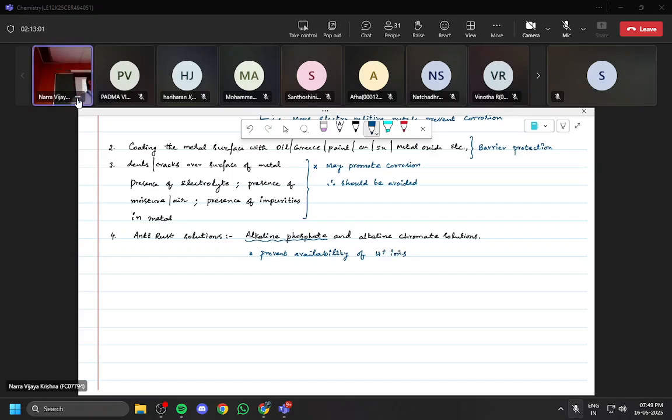And also these phosphates, as they are less soluble in water, form a layer on the surface, right? It prevents availability of H+ ions and forms insoluble thin layers.